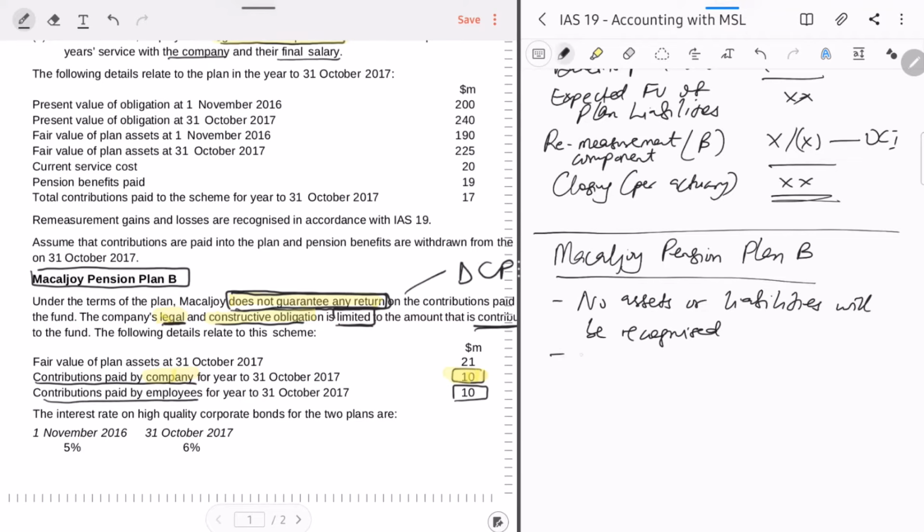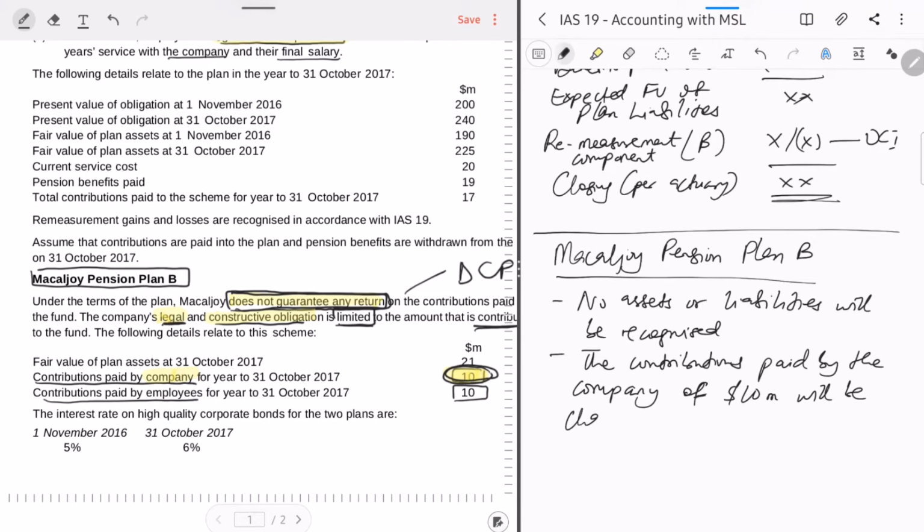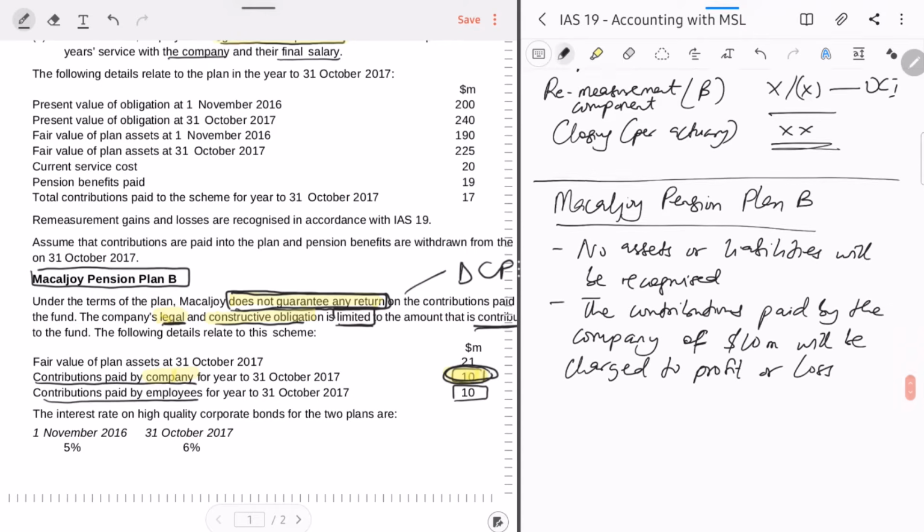So the contributions paid by the company, right here, can you see $10 million? So the $10 million will be charged to profit or loss. That's all, you're done.